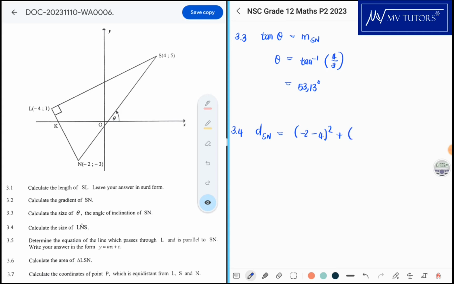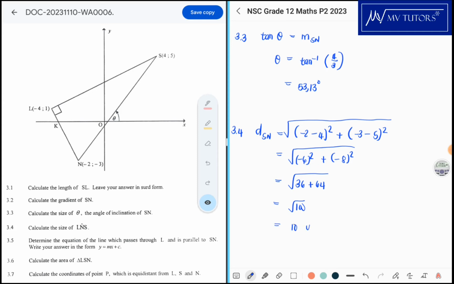Y coordinate of N is -3, and of S is 5, squared, and all of that is under a square root. So I have -6 squared plus -8 squared, that would be 36 plus 64, which is 100. So the square root of 100 is 10 units.